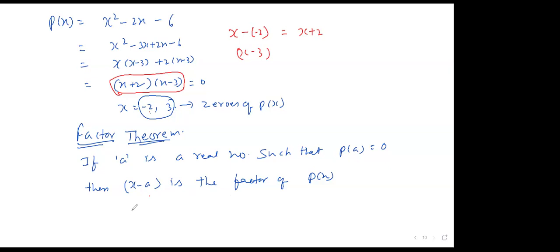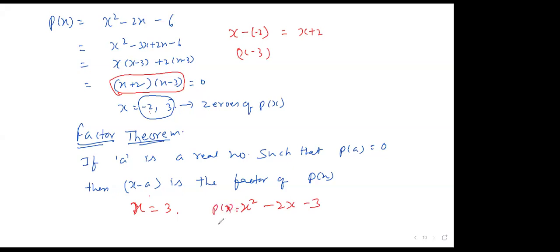Did you understand? Suppose we have x square minus 2x minus 3.